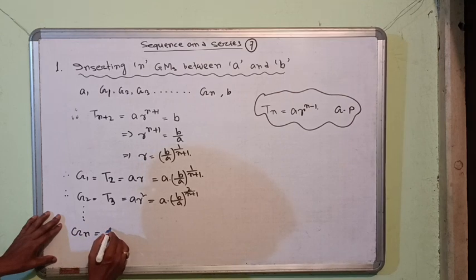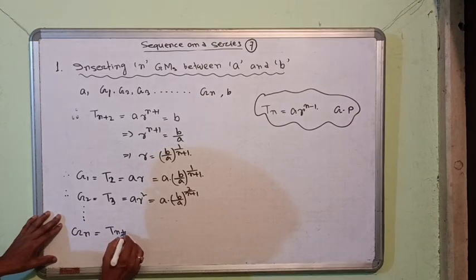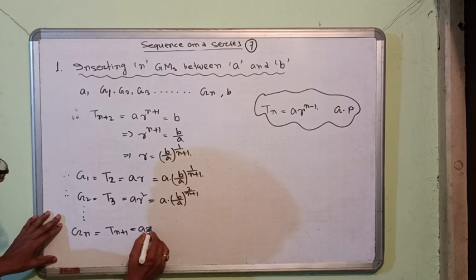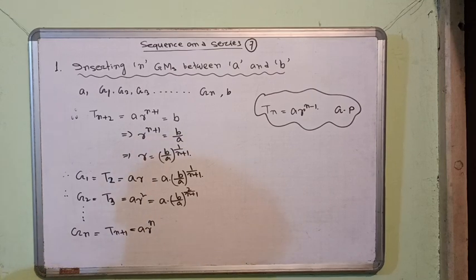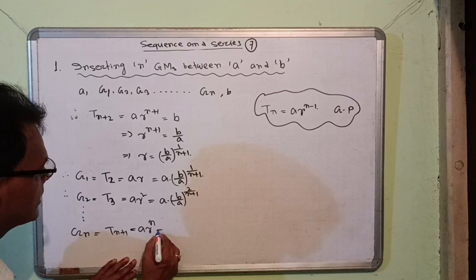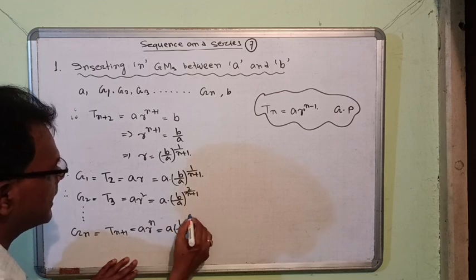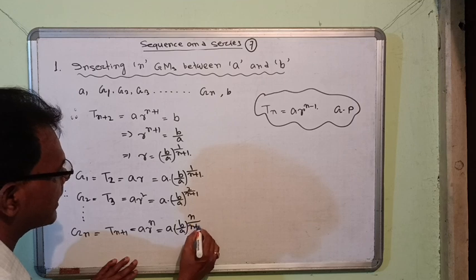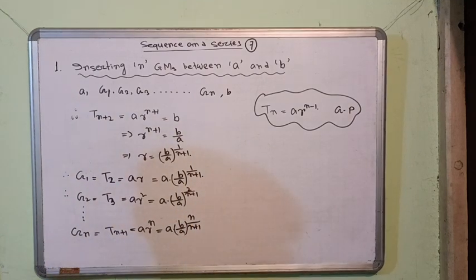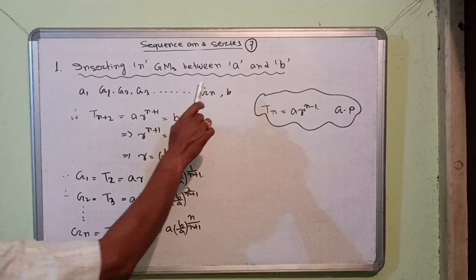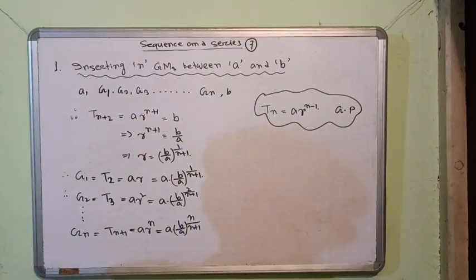In this way, we can find Zn, which is the n plus 1th term, equal to AR to the power n, equal to A into (B by A) whole to the power n by n plus 1. That is the last GM in between.